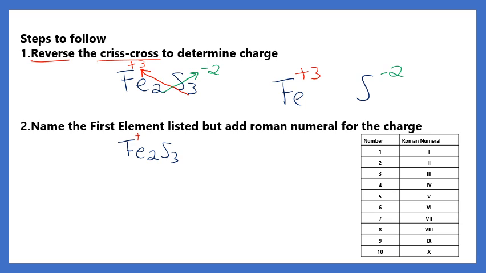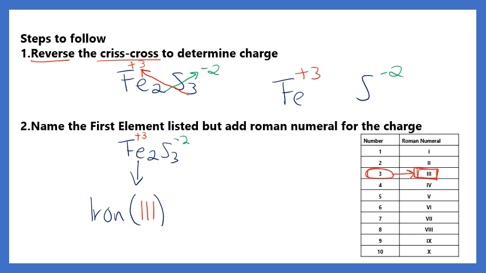I'm going to put the charges up top so you can see what charge they take. The first step says that you want to name the first element listed, but add a Roman numeral for the charge. So the first element is iron, and it takes a +3 charge. So we're going to look at the Roman numeral we need, which is 3 lines for that 3 charge. So it's iron 3.